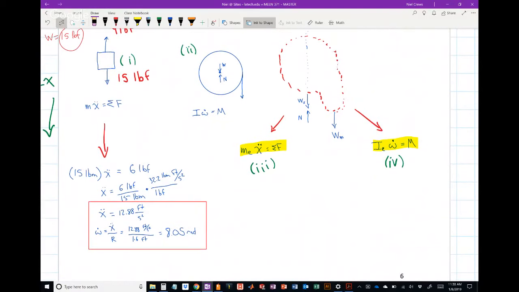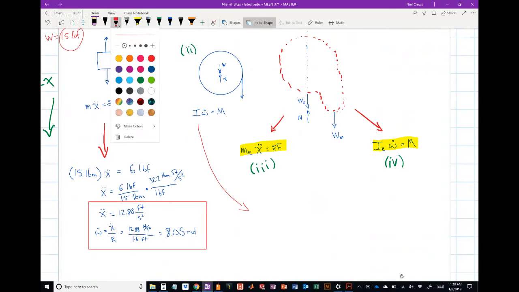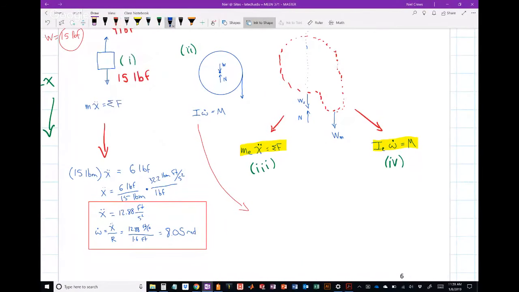If we did this where the spool is our system, then yes, we've got weight and normal force. That doesn't matter. We're going to do the moment around that pin, moment of O or whatever that is. And so those two forces, the weight and the normal, are not going to come into play.